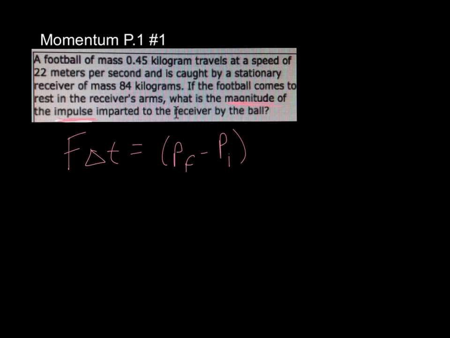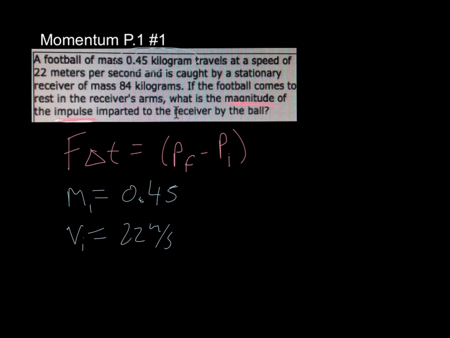So the first thing we need to do is write down the things that we know. I know that I have a mass of 0.45 kilograms, and I have an initial velocity of 22 meters per second.